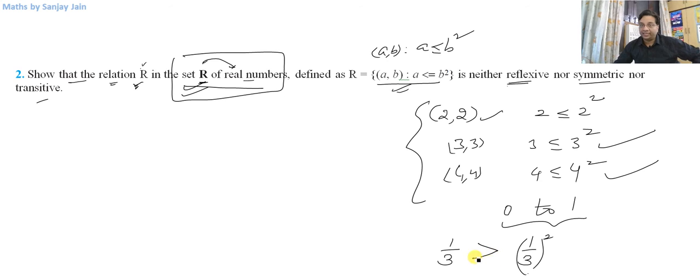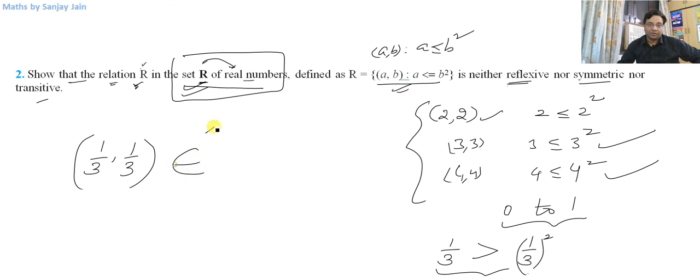So 1 by 3 is greater than 1 by 3 squared, right? And so (1/3, 1/3) doesn't belong to the relation defined by this rule, because for it to be in the relation, the number should be less than or equal to its square, but the numbers between 0 and 1 do not follow this rule. Hence the doublets of these numbers will not be in this relation R.